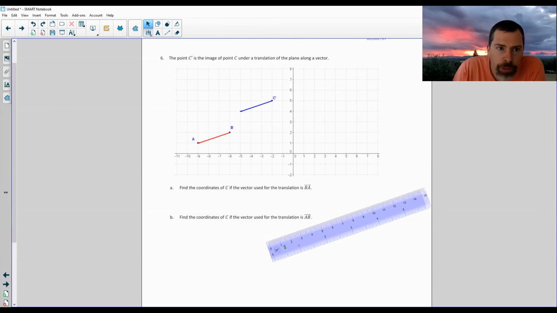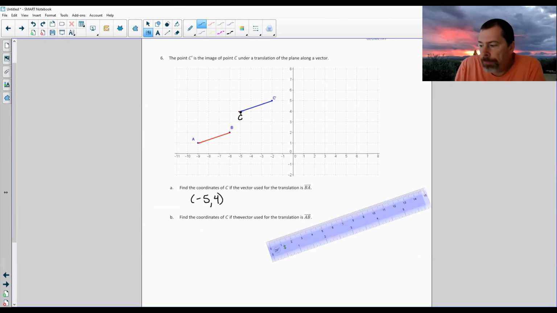So that would put my C right here, because if the vector used for the translation is B to A, C would end up at the point -5, 4. So that would be the point, like I said, -5, 4.